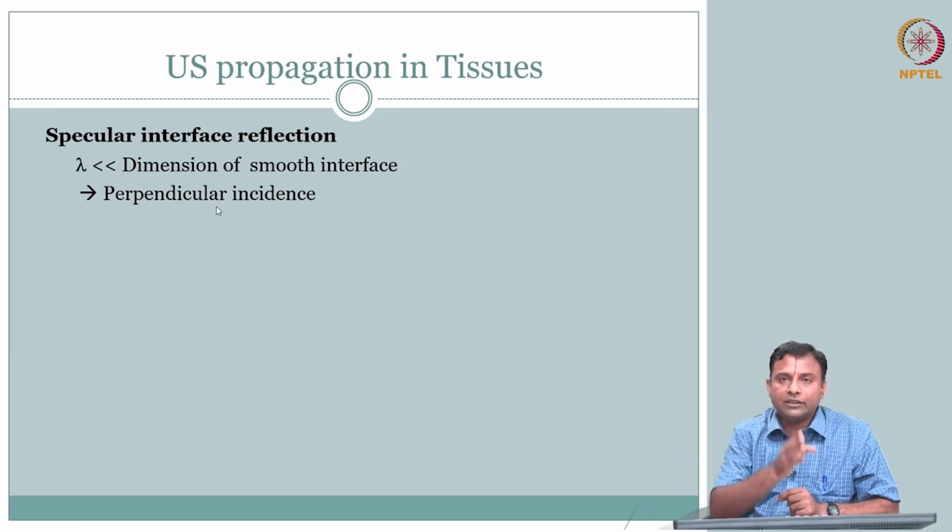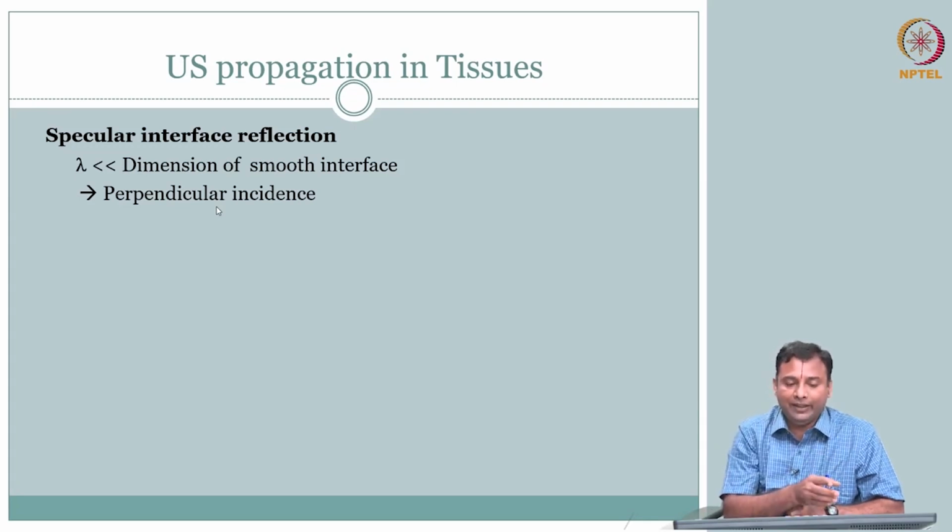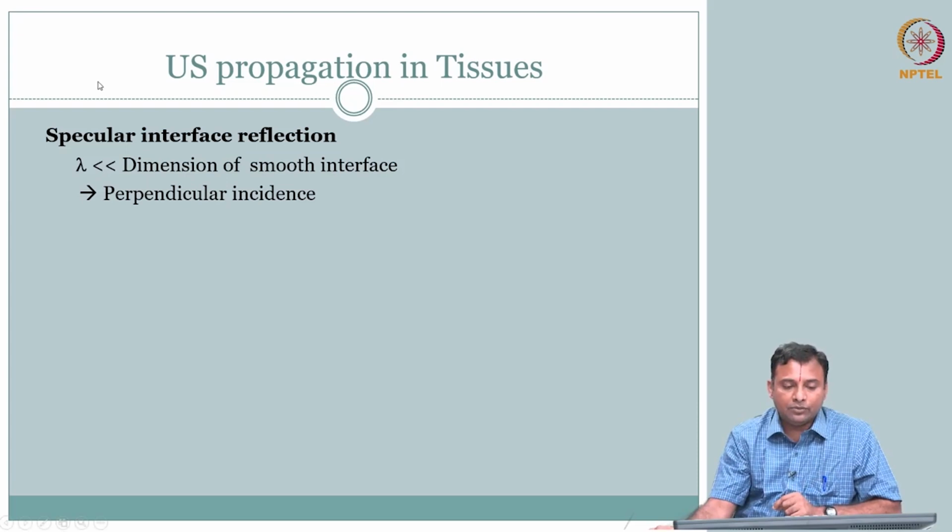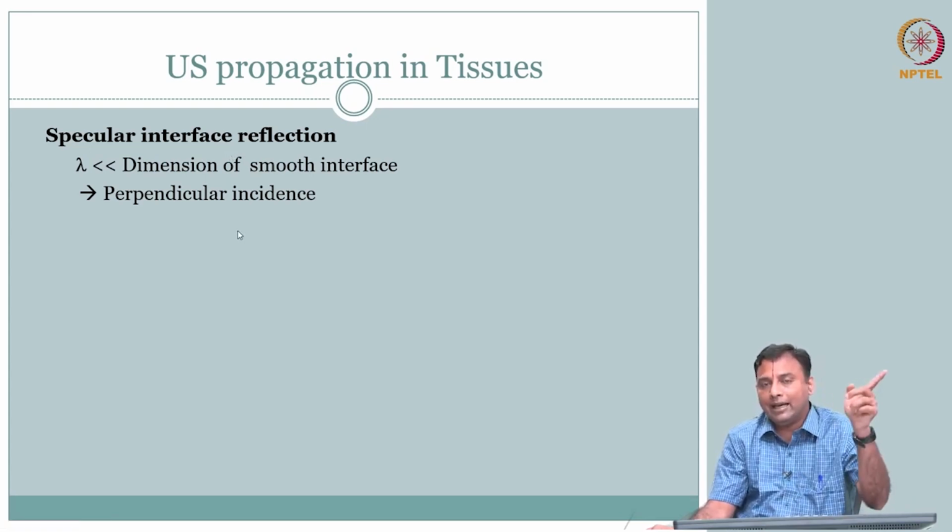You notice the interface that we drew like a line. There was no roughness, it was a very smooth line that we had. So when the lambda is far less than the dimensions of the smooth interface, we encounter specular interface reflection. So we had theta i equal to theta r.